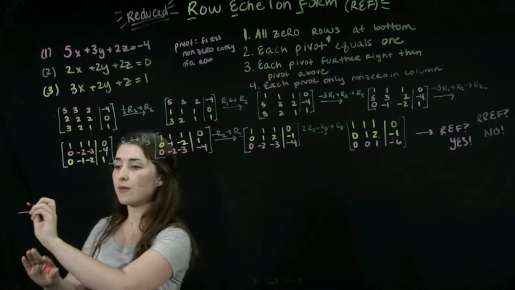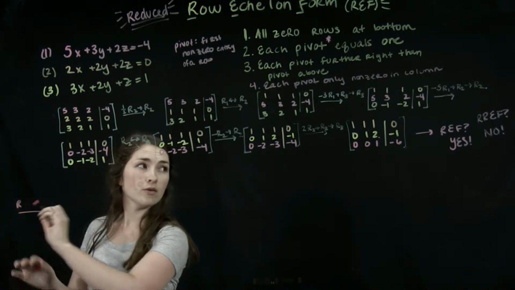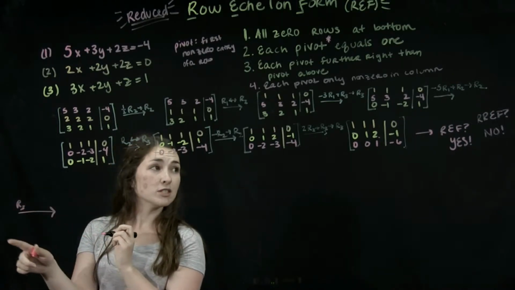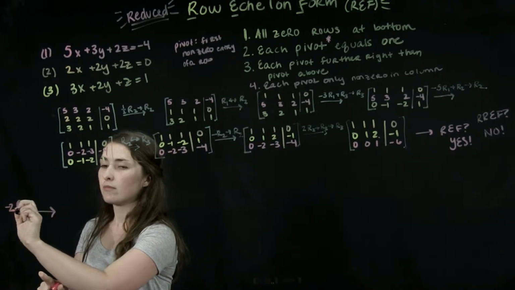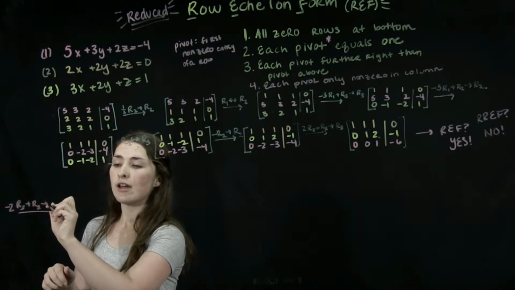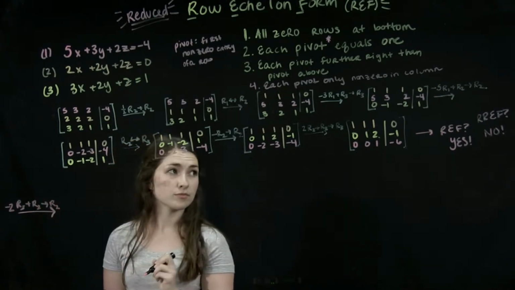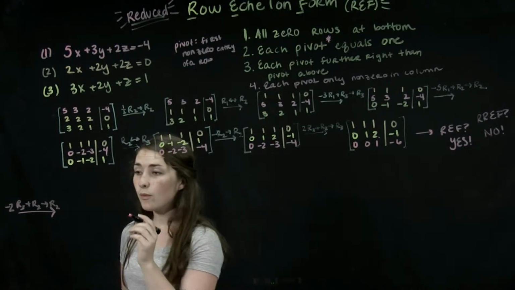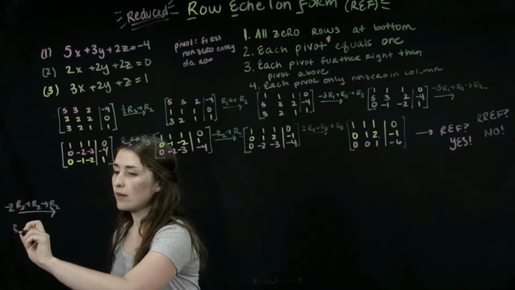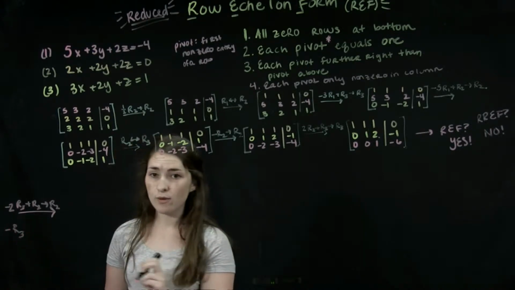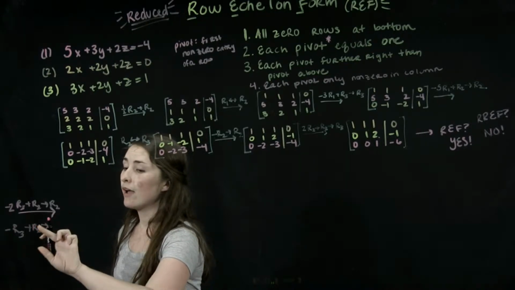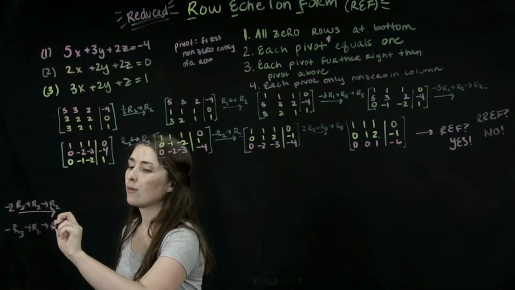So we can take row 3. We can multiply it by -2 and add that to row 2, and that'll become our new row 2. Similarly, we can take row 3, multiply it by -1, and add that to row 1, and that will become our new row 1.